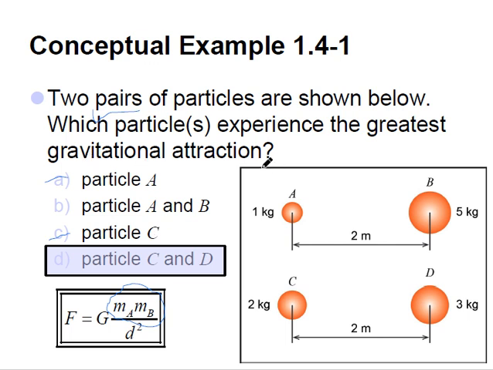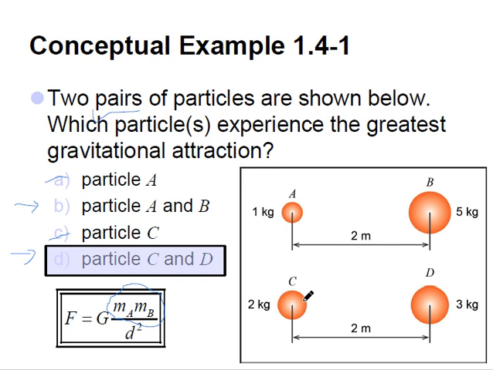In gravitational attraction, we consider two objects. So in this case, there have to be two particles. Therefore, B and D is what you're going to think right away. See how easy the process of elimination is.